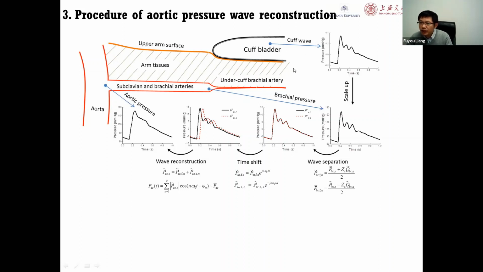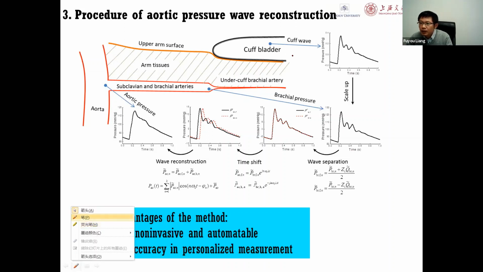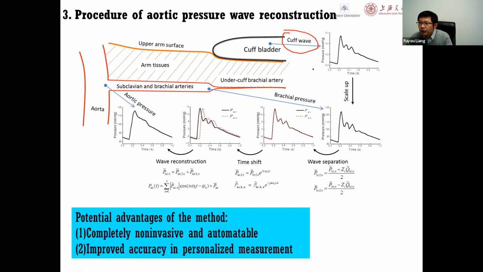Here we just show some figures. For example, you first obtain a cuff wave, and then we scale up the cuff wave to obtain a pressure wave very similar to the blood pressure wave inside the artery, and then we separate the pressure wave into two parts, namely the forward traveling part and the backward traveling part.